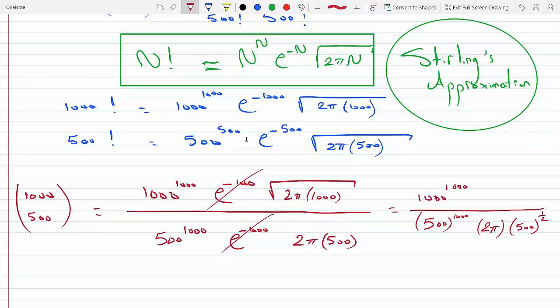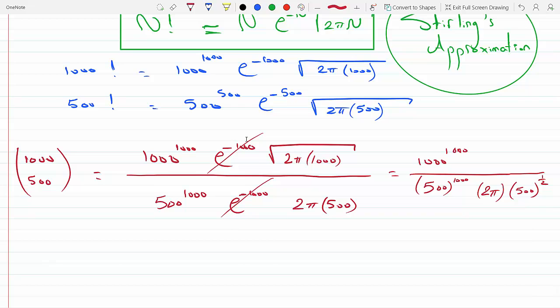Now this is equal to, now this 500 to the 1000 is a very large number. 2 pi times 500 to the half is somewhat of a large number, but it's negligible compared to 500 to the 1000. So I'm just gonna ignore this, because all you're gonna add here is 1000.5.